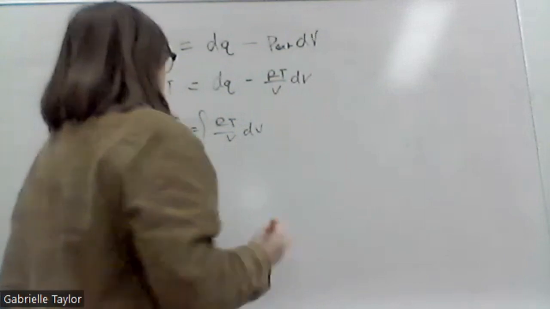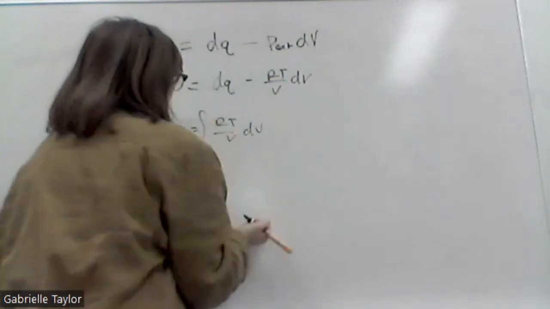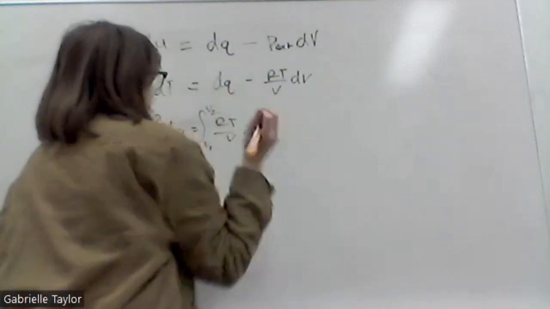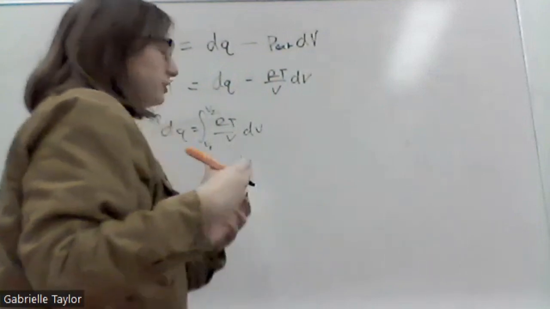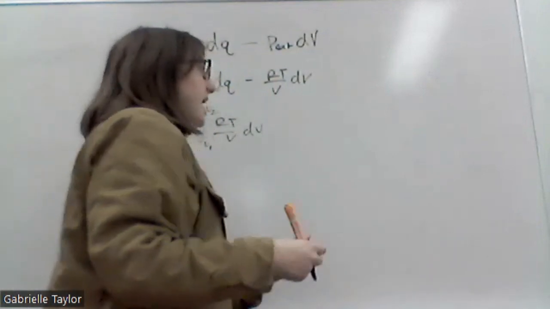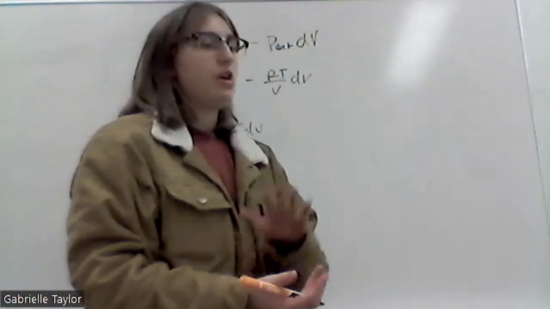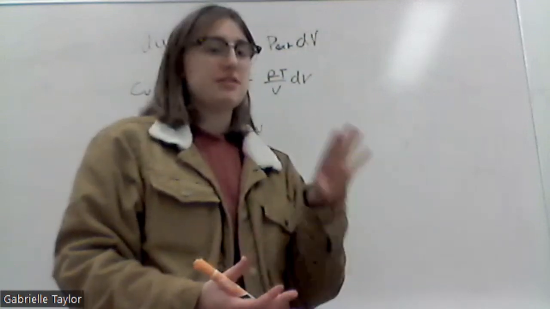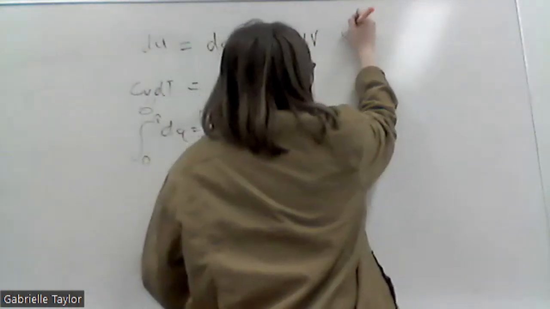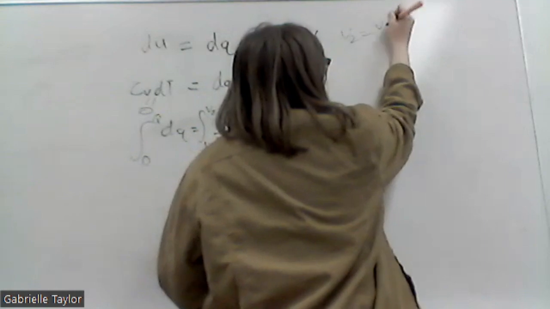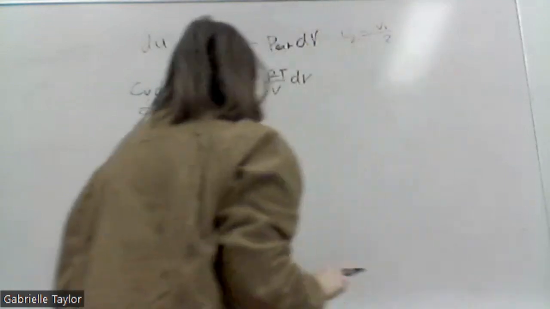And this one's going to be our starting volume, V1, and our ending volume, V2. Also to note is that when we're compressing it, our final volume is going to be half the size of our initial volume. So V2 is going to equal V1 over 2.